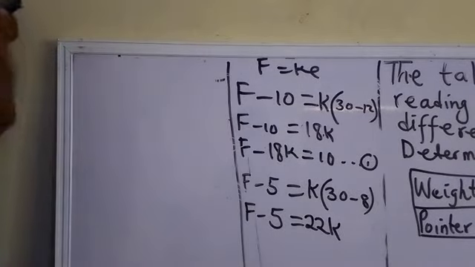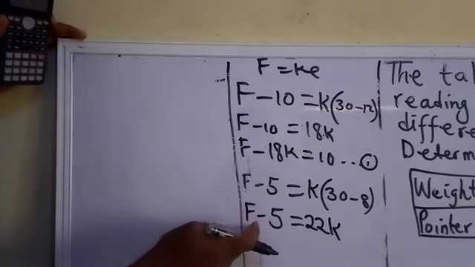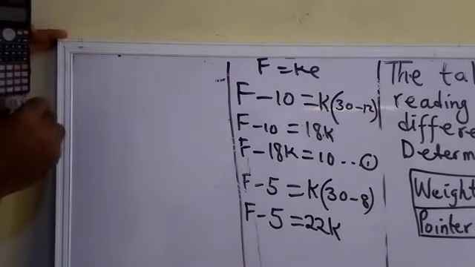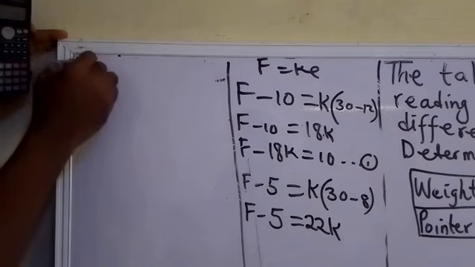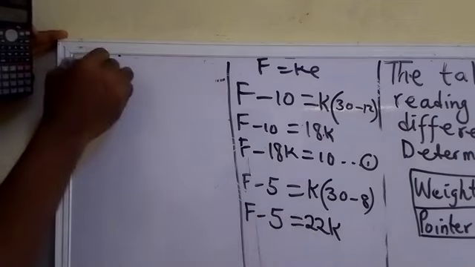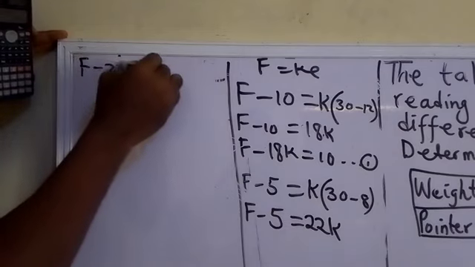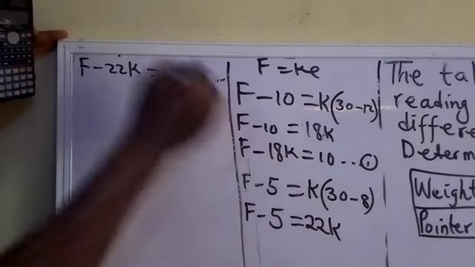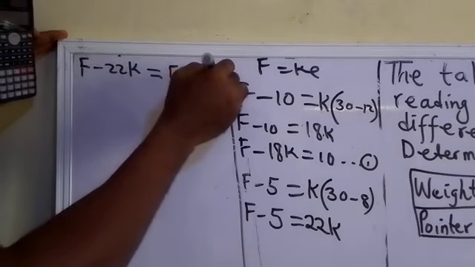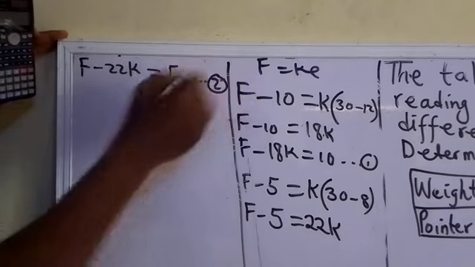Okay. Now, making this last expression look like equation 1, F stay on the side you are at, plus 22K crossing to the left side becomes minus 22K equal to minus 5 crossing over becomes plus 5. We can call this equation 2.